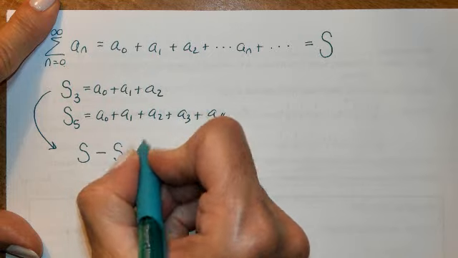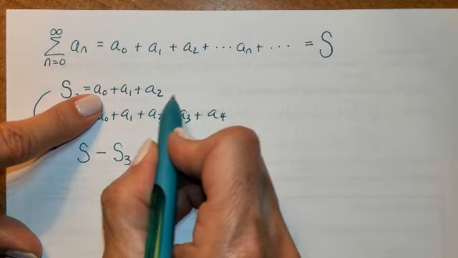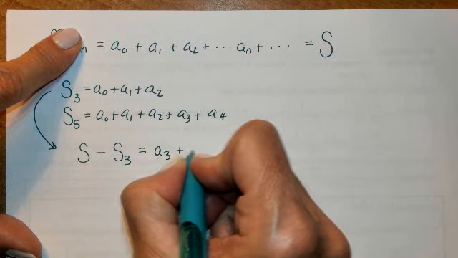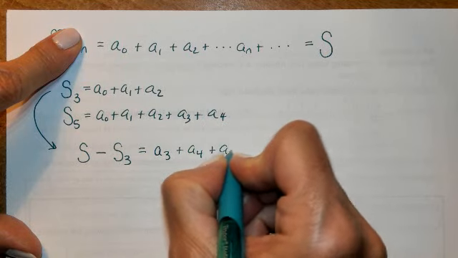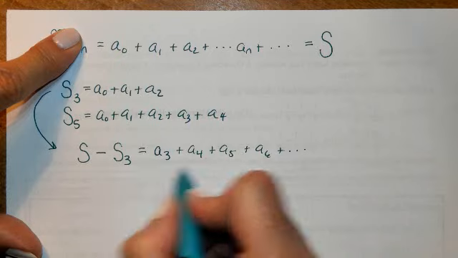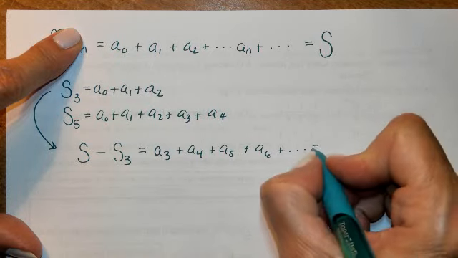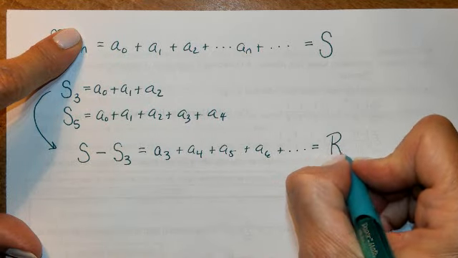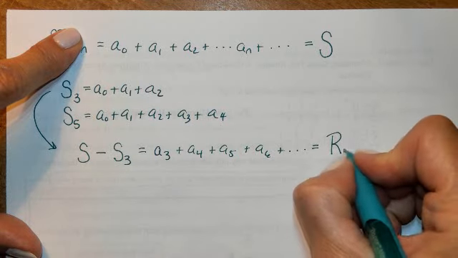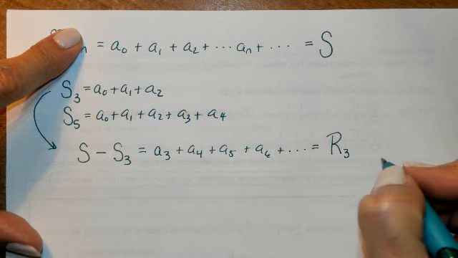That would be everything outside of A sub 2, so A sub 3 in this case, plus A sub 4, plus A sub 5, plus A sub 6, plus dot, dot, dot. We call this the remainder. This is the remainder after using the first three terms, so the notation would be like that.